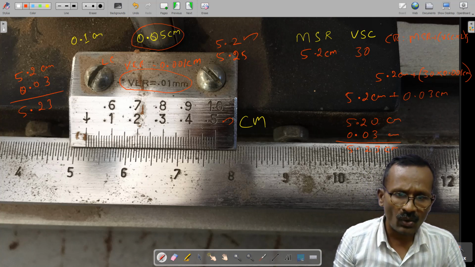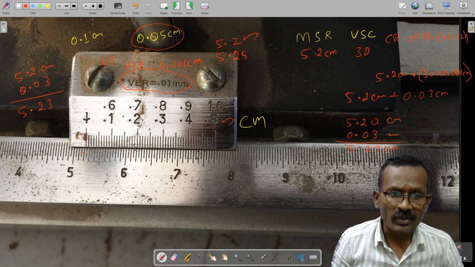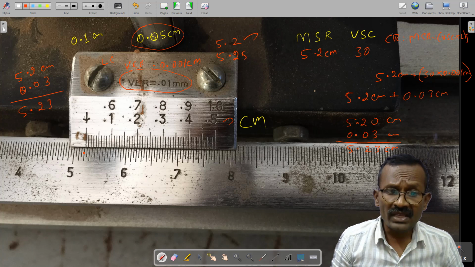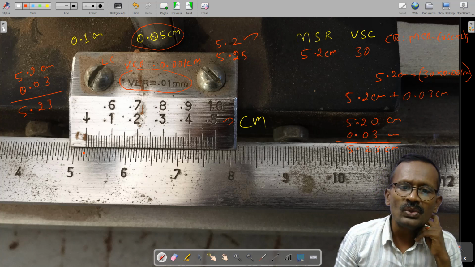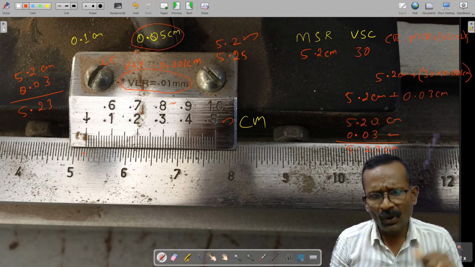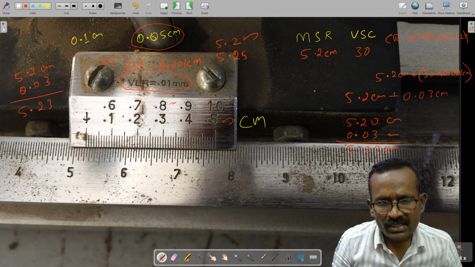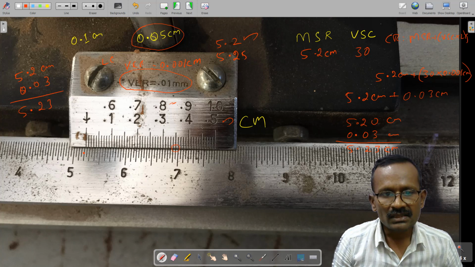Now I explain the same thing again. The arrow is lying between 5.2 and 5.25. The arrow didn't cross 5.25. If the arrow has crossed 5.25, you have to use this reading.